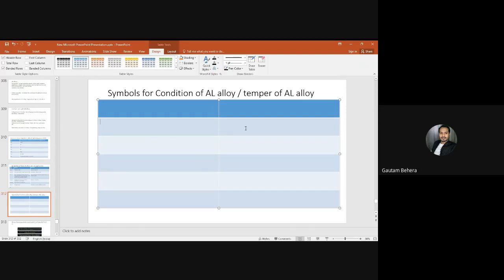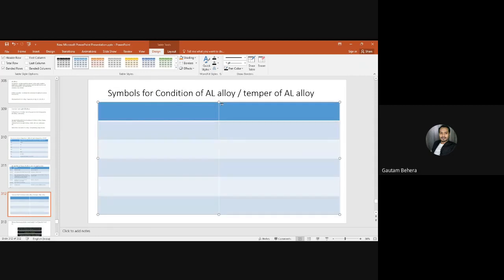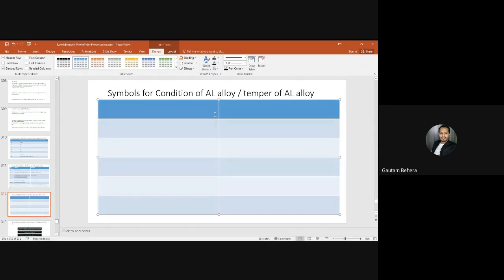For example, I'm writing the condition of aluminum alloys, or aluminum alloys temper, and the symbol given to that.